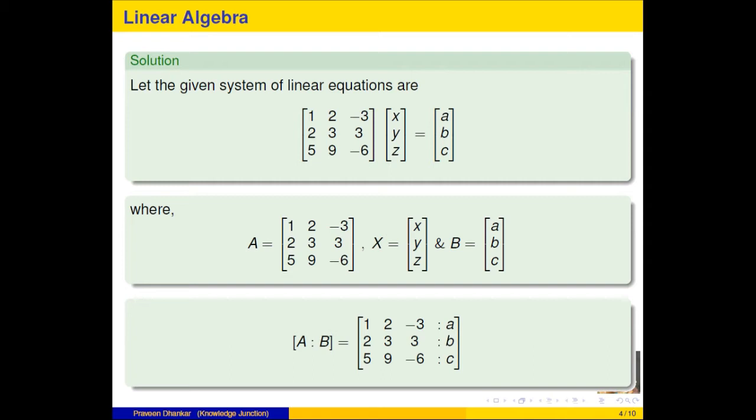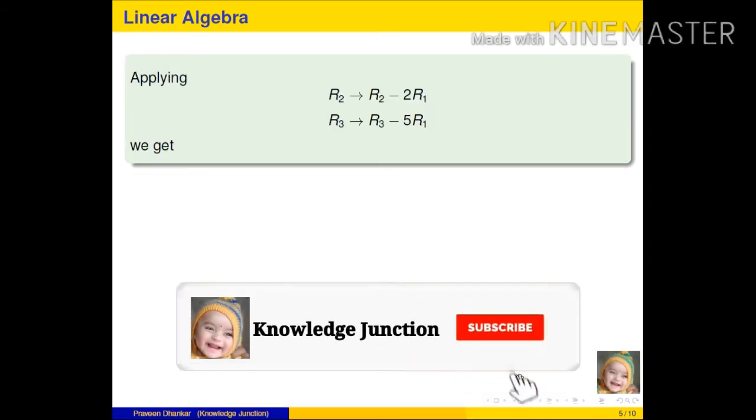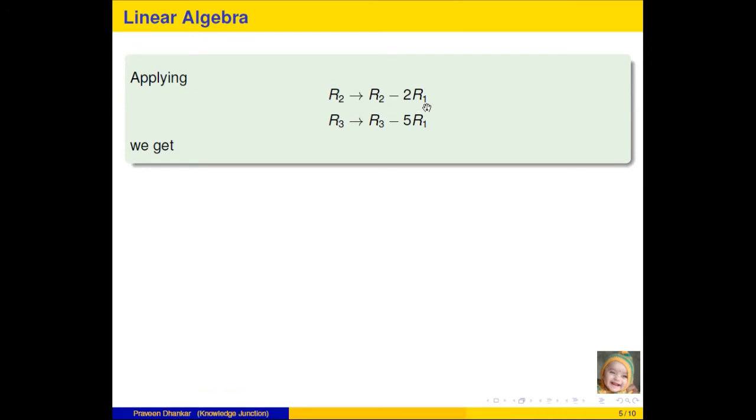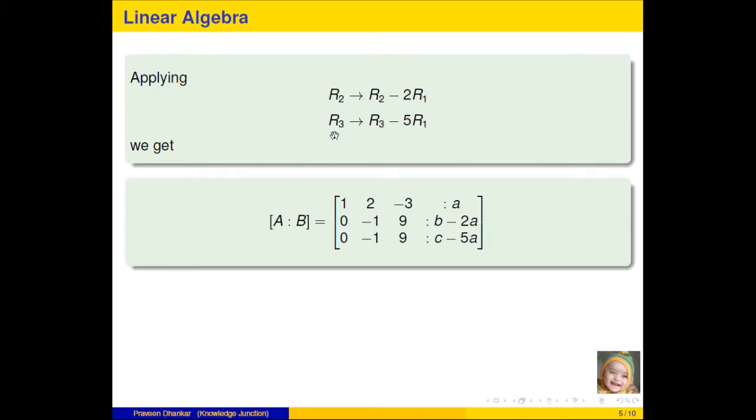So we apply R2 minus 2R1 on R2, R3 minus 5 times R1 on R3. So our matrix reduces to this form: 1 2 minus 3 a, 0 minus 1 9 b minus 2a, 0 minus 1 9 c minus 5a.